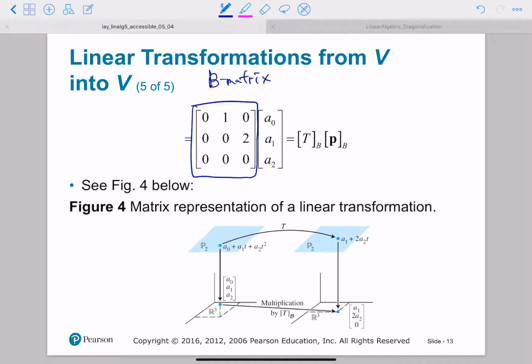So given an arbitrary input polynomial, its corresponding coordinate vector with respect to 1, t, and t squared as our basis will be represented in this form.